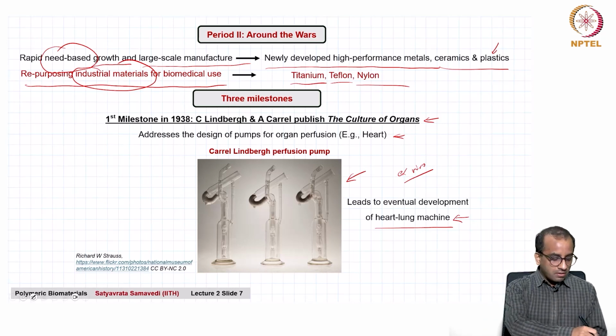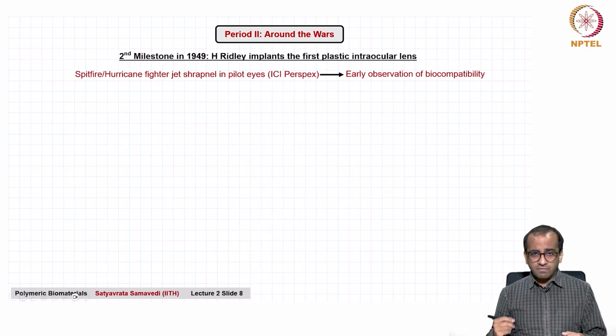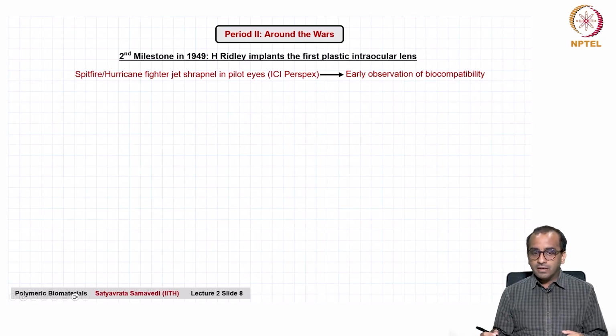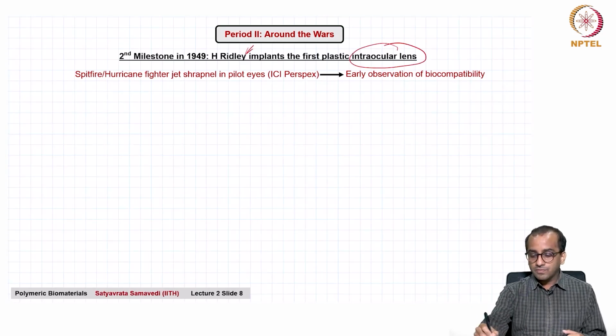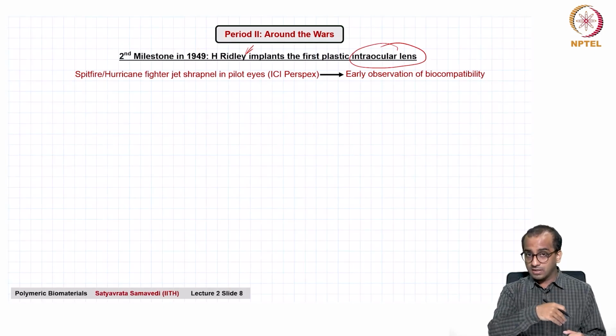From here, we move on to another very important milestone which happened in around 1949, where Harold Ridley implants the first plastic intraocular lens. So, we have looked at contact lens earlier, glass being used on top. This is an intraocular lens which goes inside. And how he came up with this idea is also very interesting.